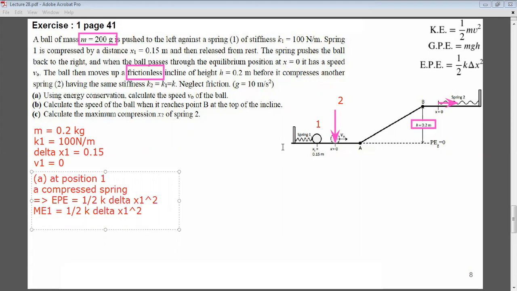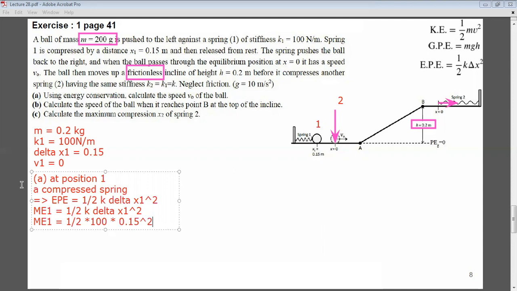Okay, I can do the calculation. Mechanical energy 1 is equal to half K, which is 100, times delta X1, which is 0.15 square.